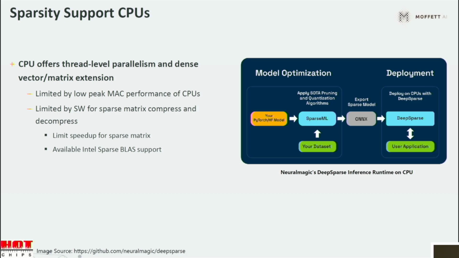There is a company called Neural Magic that actually has some commercial products for sparse acceleration of specific AI models on CPU, but it has a limited sparse speedup, and the CPU is not very good at matrix multiplication, compression, and decompression for the sparsity format.